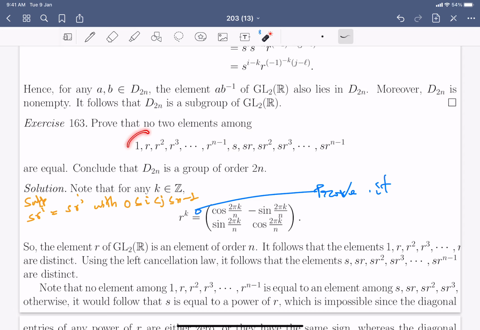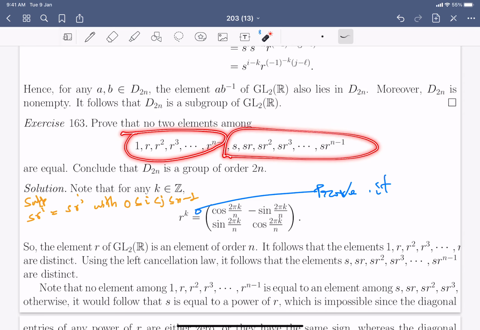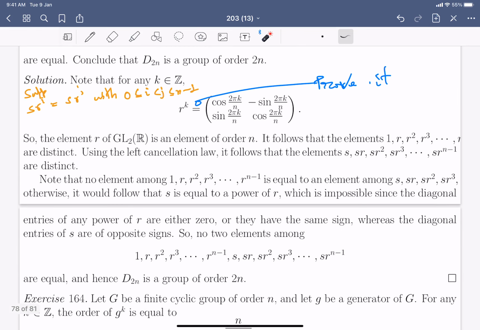Now to show that all these elements are distinct, we only need to show that no element from the first n elements is equal to any element from the second list of n elements that lies to the right. Again, the remaining elements SR to the power n just went past this slide, so I'll try to fix it in the PDF.